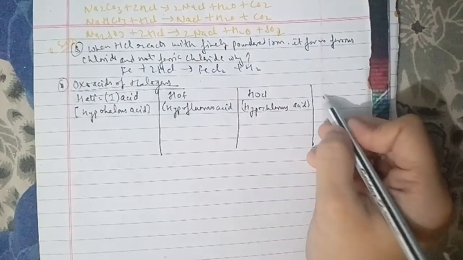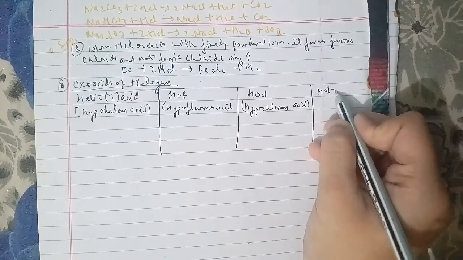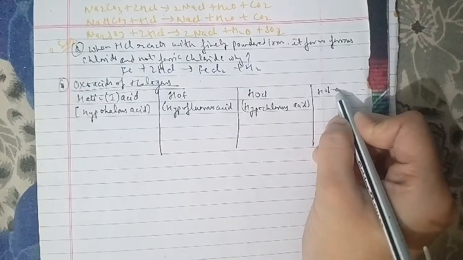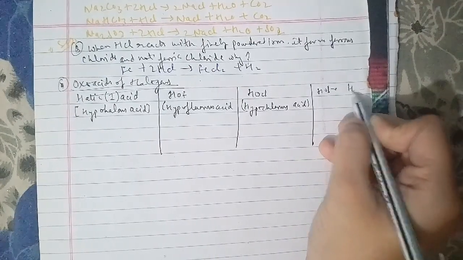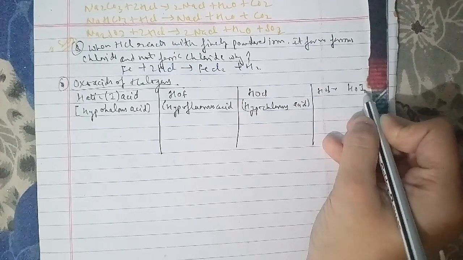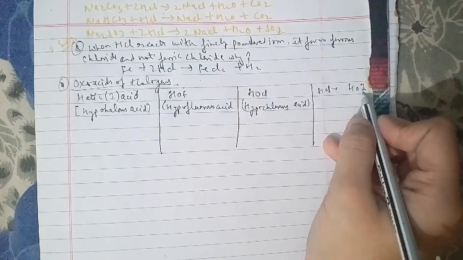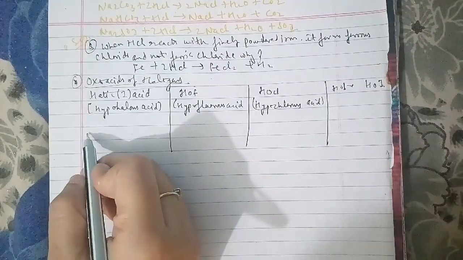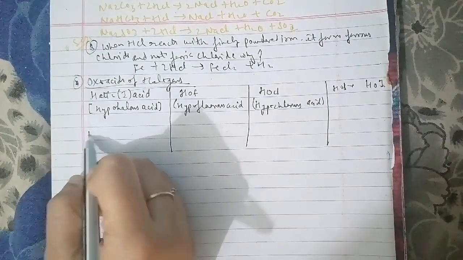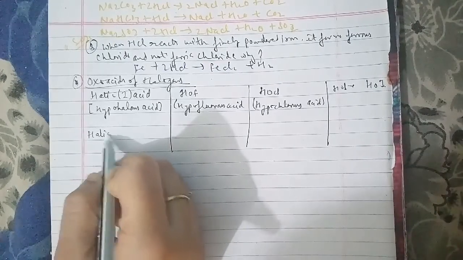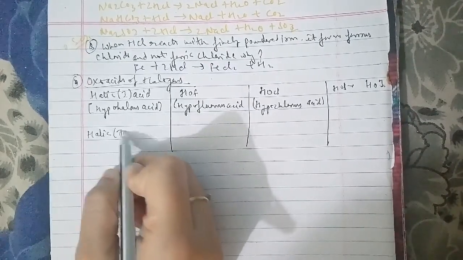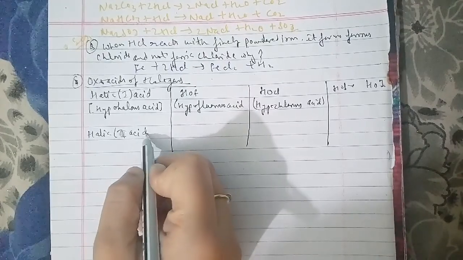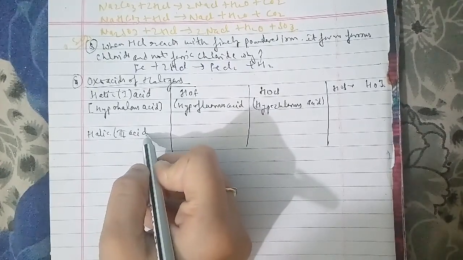Another is halic acid, the plus 5 state. Another is perhalic acid, the plus 7 state.